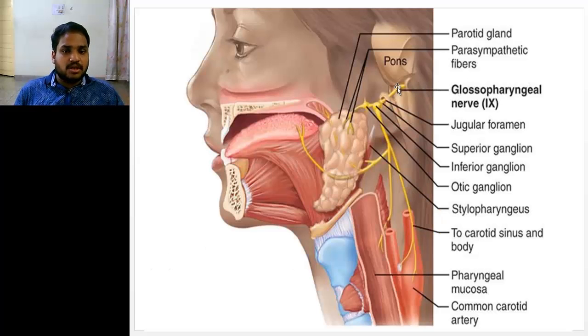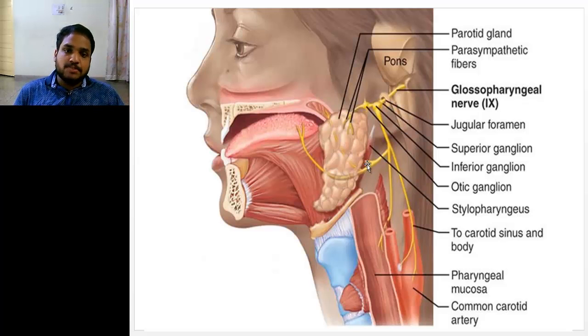So what are the components of the 9th cranial nerve? It has got a motor supply, right. The motor supply is to the stylopharyngeus muscle, whose function is to elevate the pharynx, right.